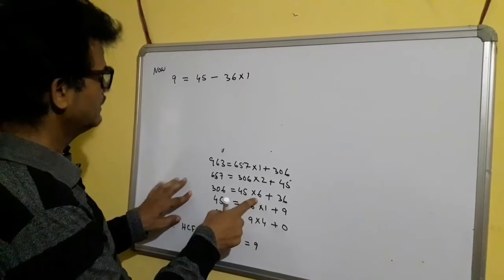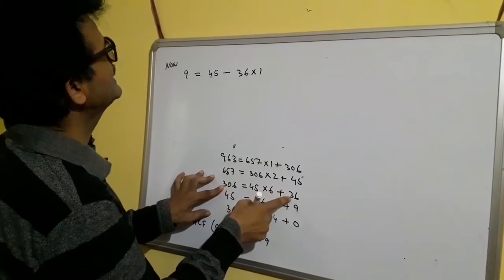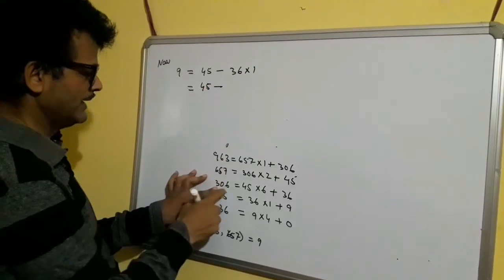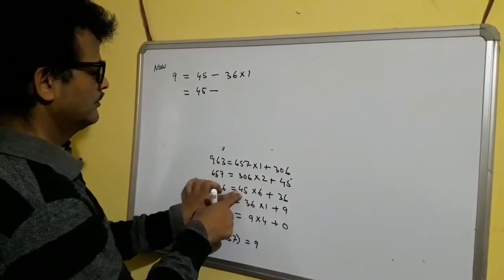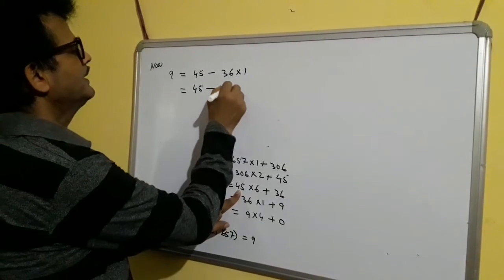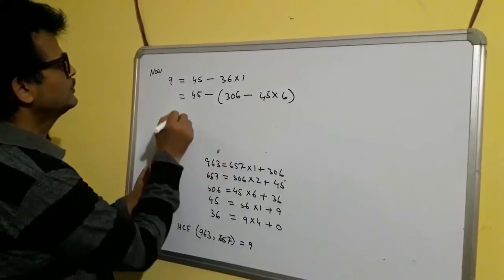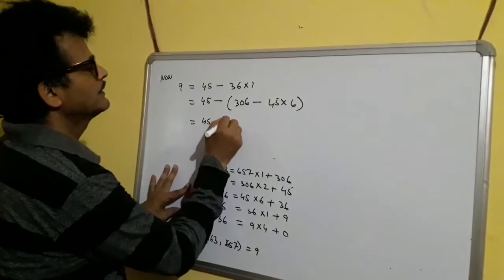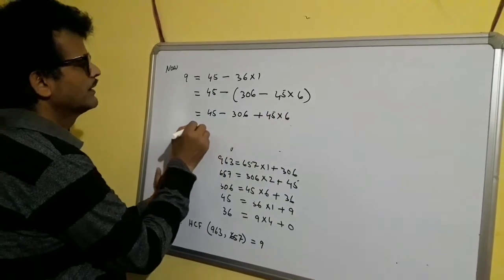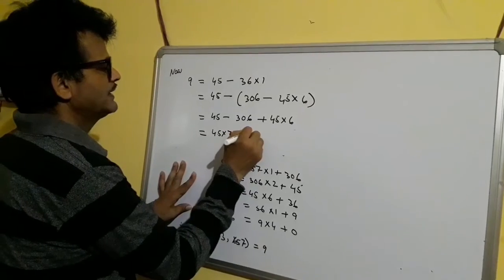Now in the second step, in place of 36 we can write 306 minus 45 into 6, so 45 minus 306 plus 45 into 6 is equal to 45 into 7 minus 306.